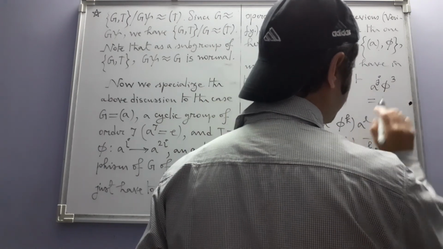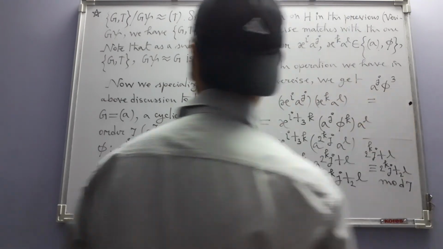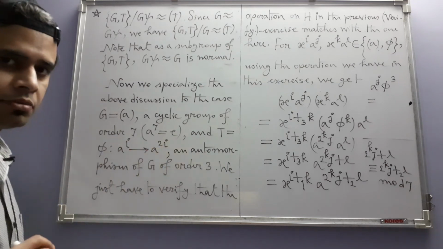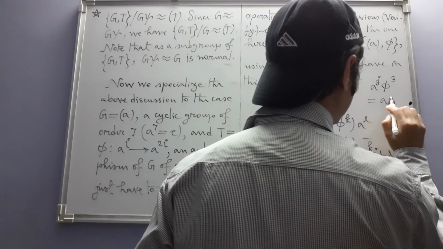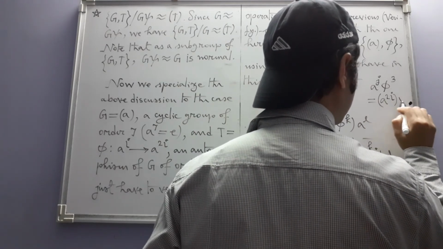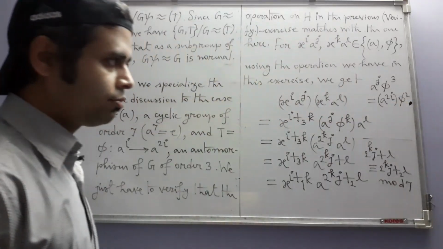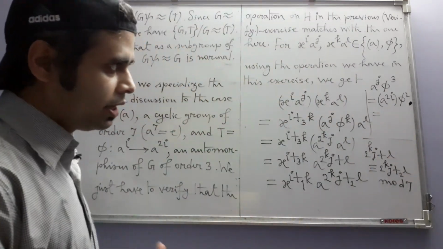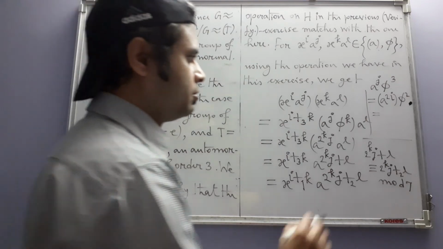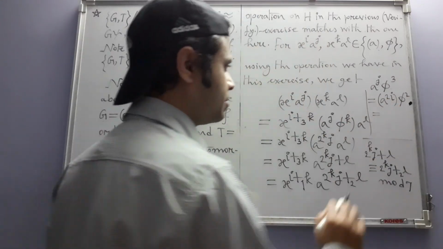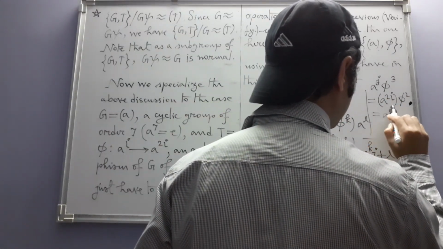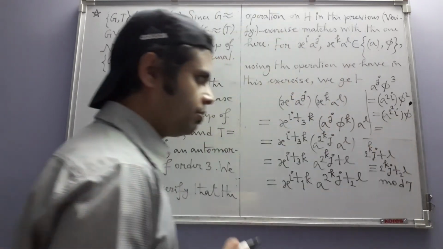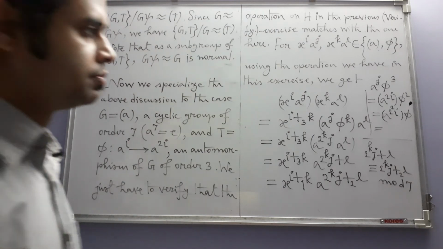If you apply phi once, what is the definition of phi? a^2 is multiplied with i. So you have 2i. Then phi square: if you again apply phi once more, another 2 will be multiplied. So a to the power 2 square times i.